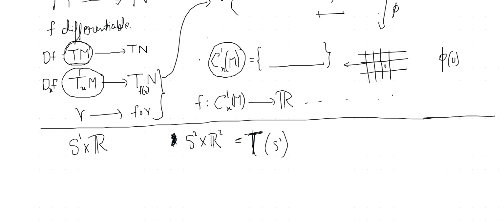So maybe they don't intersect. At every point it is R2, right? Because at every point you just have the plane. But overall it is not S2 cross R2.